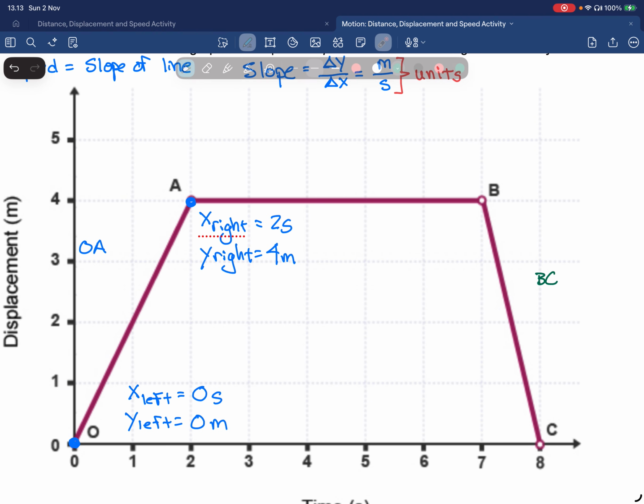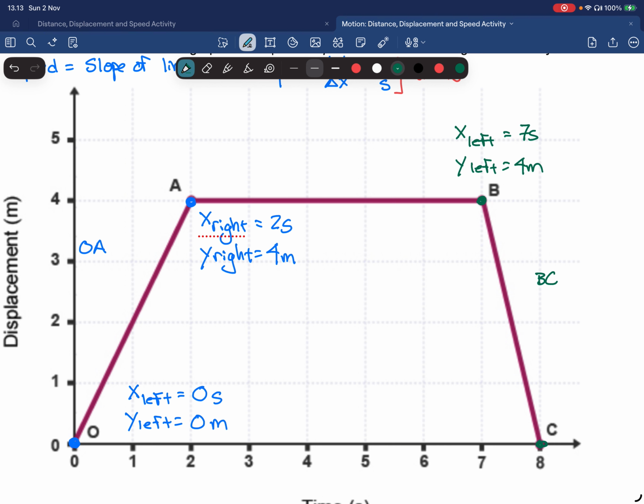But we're going to do everything exactly the same way as we did before. We're going to do an X left, Y left. Okay, X left is 7 seconds. Y left is still 4 meters, is what it was before.